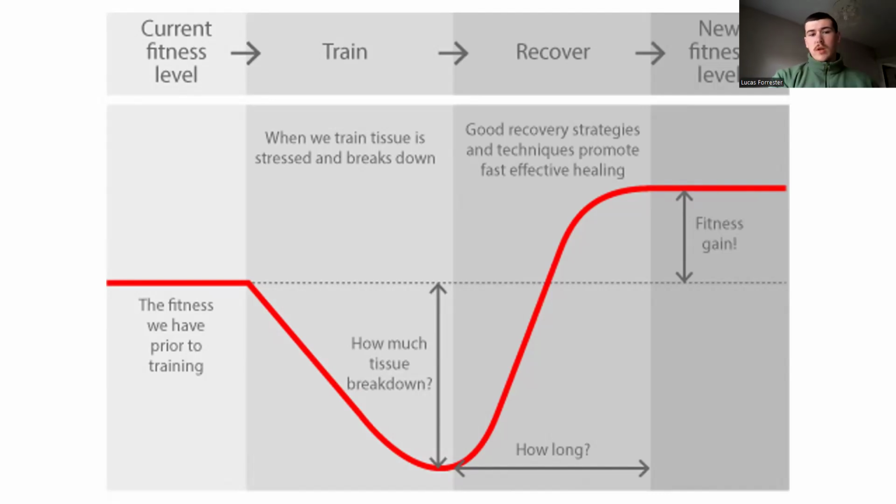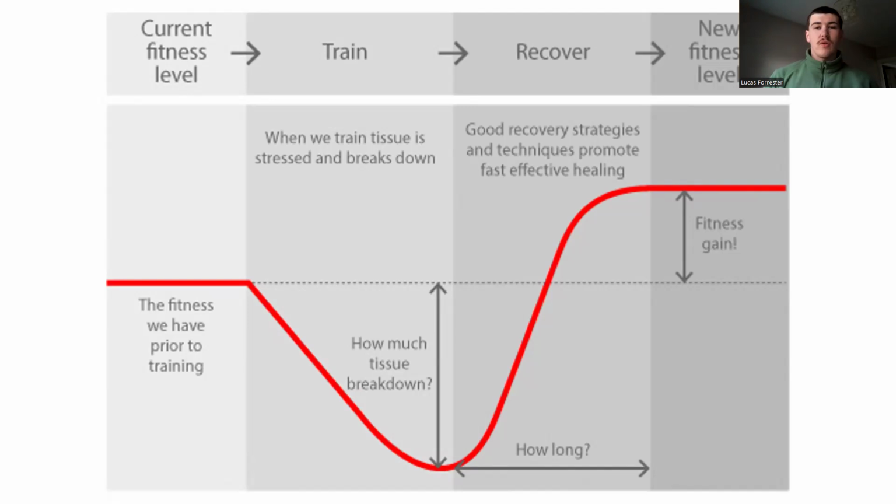So let's say that you train Monday, Tuesday you have a day off to recover. You give yourself 24 to 36 hours, and as you start to recover, this line starts to come back up. From giving yourself the time to recover between the sessions, you have now got a new fitness level.